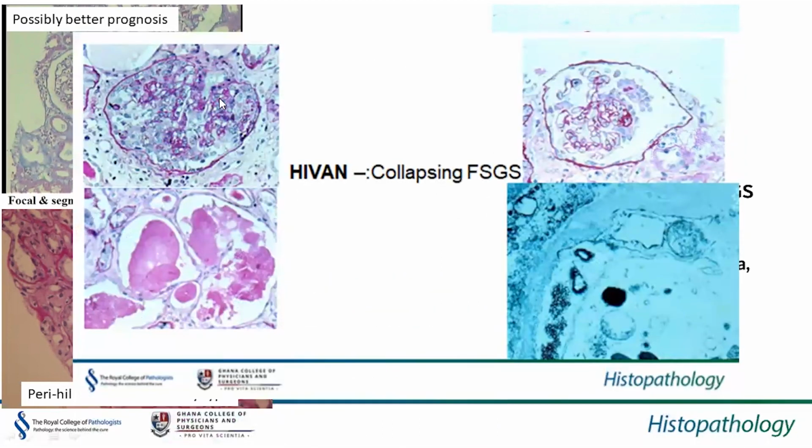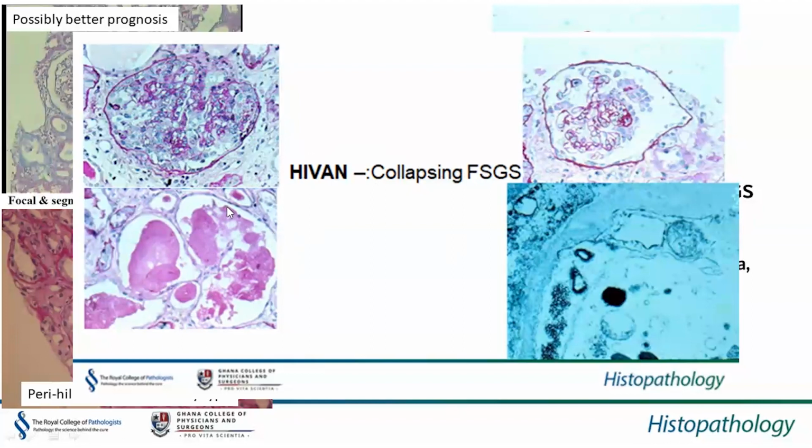And here I would just like to end the story of FSGS by showing you this case of HIV-associated nephropathy with severe collapsing FSGS. Note the podocyte proliferation and prominence. Look at the collapsed tuft here. It's actually a constellation of findings in HIV-associated nephropathy. You have this collapse, you have podocyte prominence, and you have tubular microcysts, because it is thought that the virus may even damage the tubular epithelium.